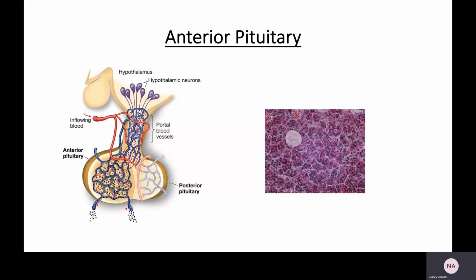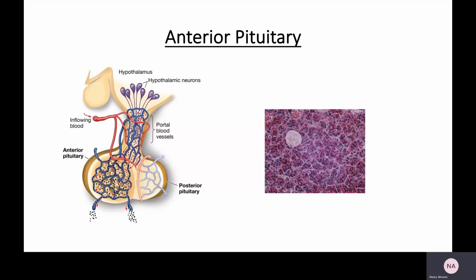Take a look at the picture on the left, and you will see that there are blood vessels, or a series of blood vessels, all around the most inferior or distal part of the hypothalamus, the infundibulum, and the anterior pituitary. That's going to be very important.